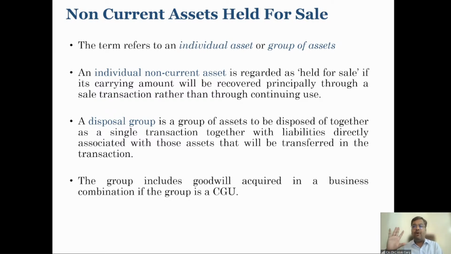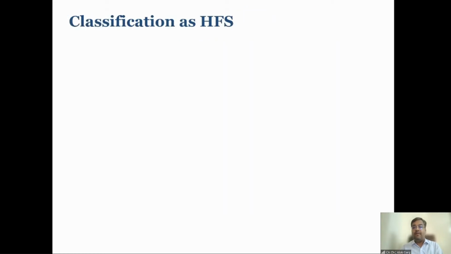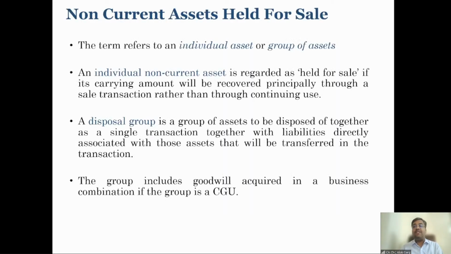Do you remember the top down approach and bottom up approach in AS 28? So if goodwill is allocated to a cash generating unit, the disposal group may include goodwill as well. This is what is written in the standard. When we discuss the accounting treatment of a disposal group, we will talk about how this goodwill will be treated, right?